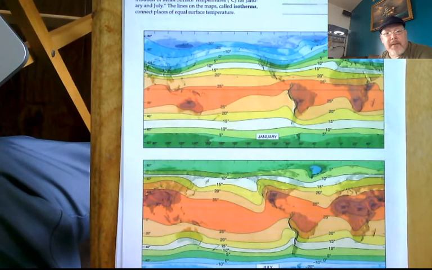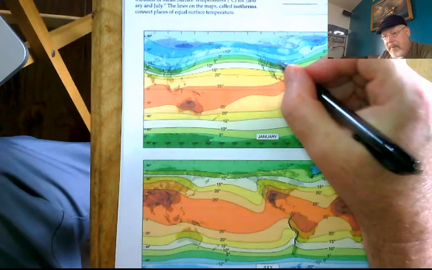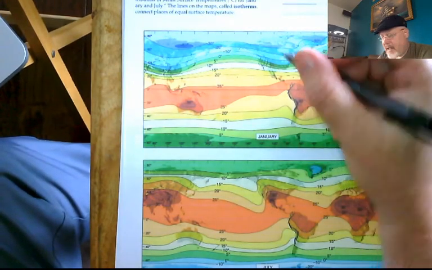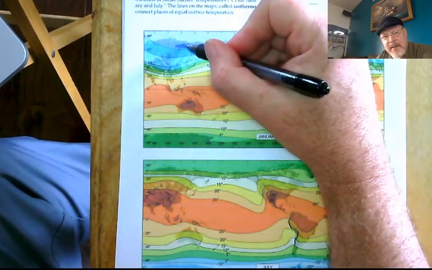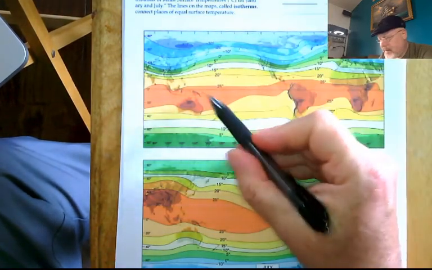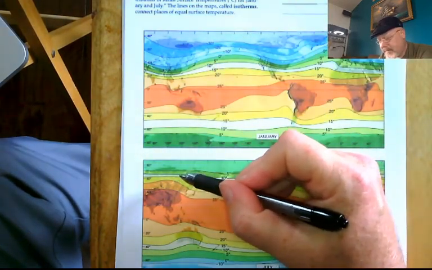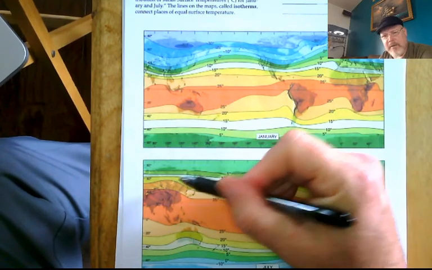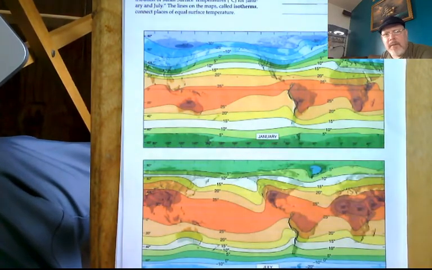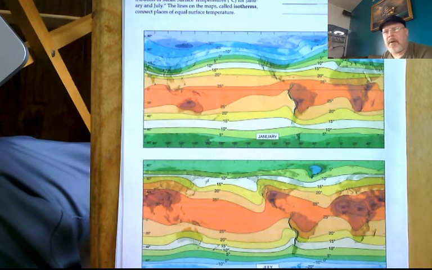That's a great point. Just like Seattle and Spokane, there's a big difference between them because they're landlocked. In fact, if you look at Siberia, Siberia has some of the coldest temperatures in the winter, but in the summer they actually get close to the same temperatures that we do. So if you ever lived in a place that's inland, you'll see there's a really, really big temperature difference between summer and winter.